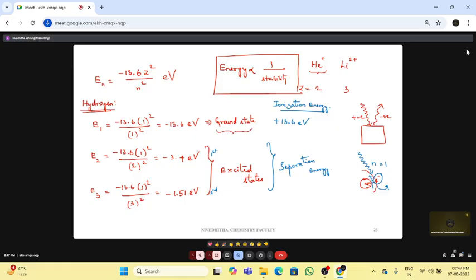But in the rest of the energy levels, energy is getting increased, right? So the energy level or the shell in which the electron's energy is lowest is called the ground state, and the rest of the energy levels are called excited states. The energy level which is closer to the ground state is called the first excited state, next is the second excited state, next is the third excited state, and it goes on.